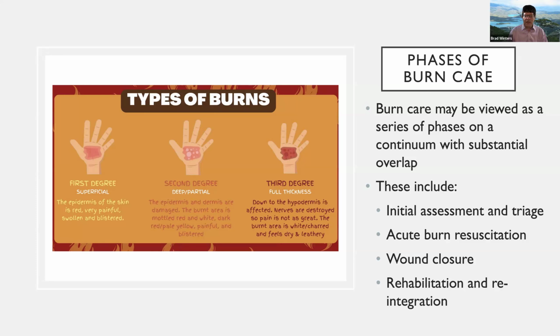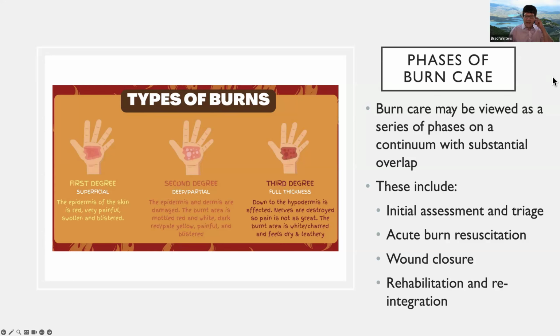The burned area is usually very charred. It's completely blanched. It can feel dry and leathery. And this kind of burn is the most serious kind of burn. Most patients who come in have a mixture of these. Usually second and third degree burns, again, as I said, form a huge component of large burn areas.